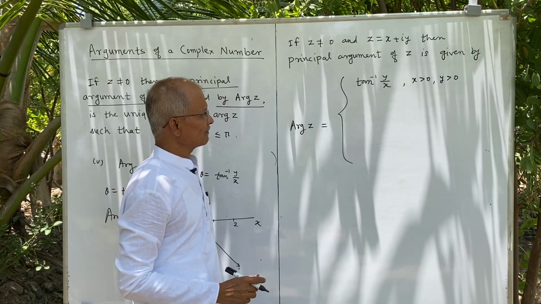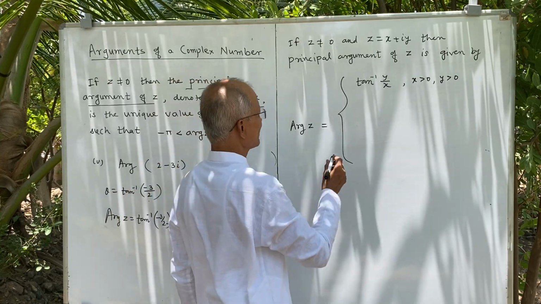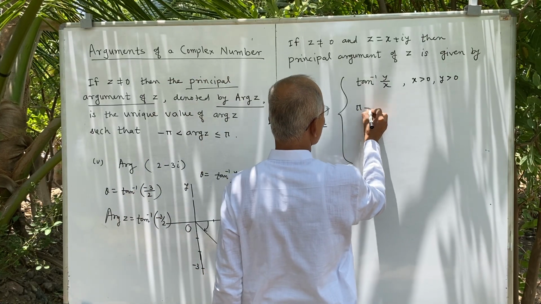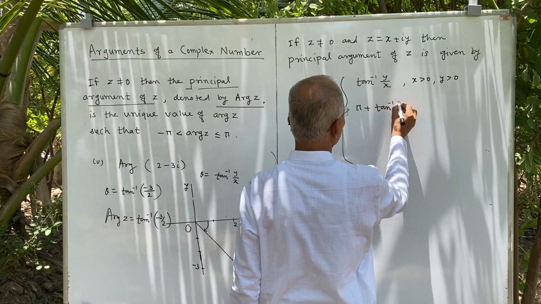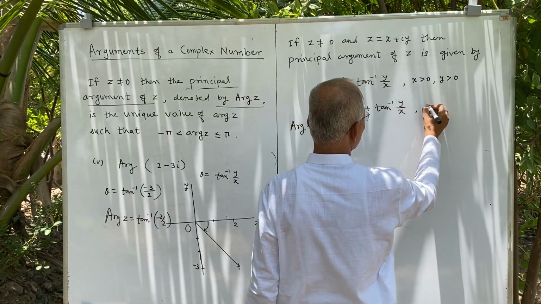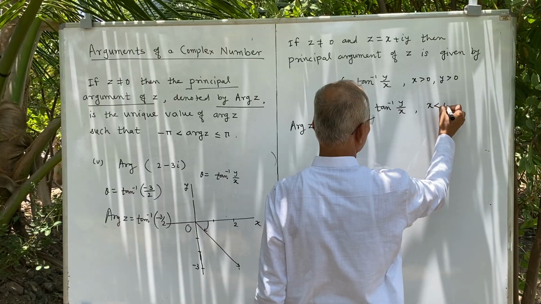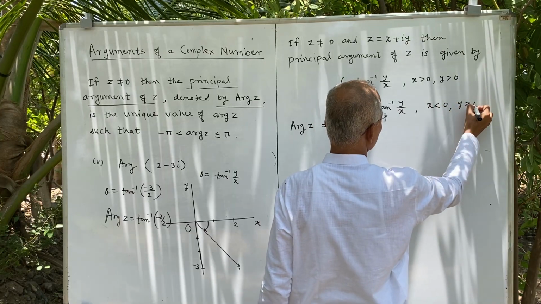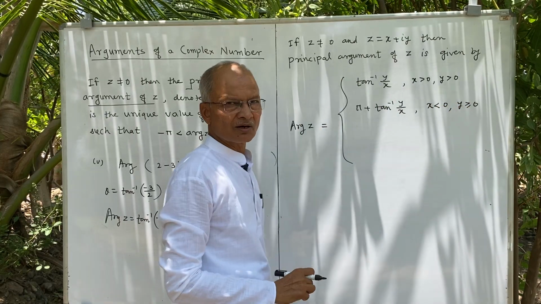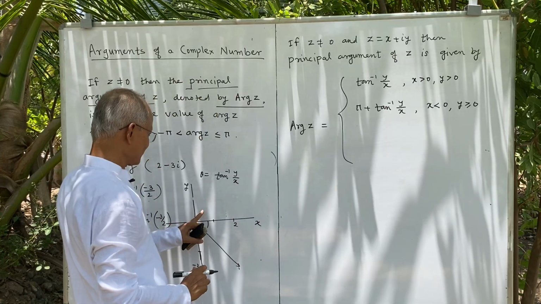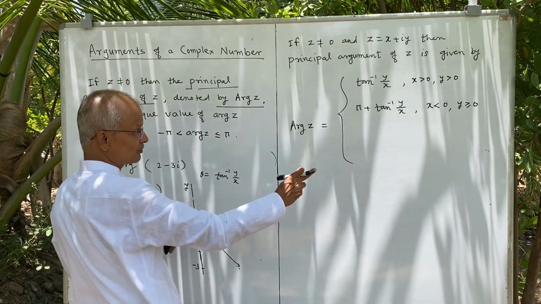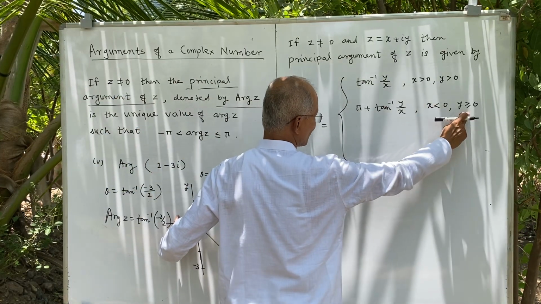And it is pi plus tan inverse of y upon x if x is negative and y is non-negative, that means in the second quadrant.